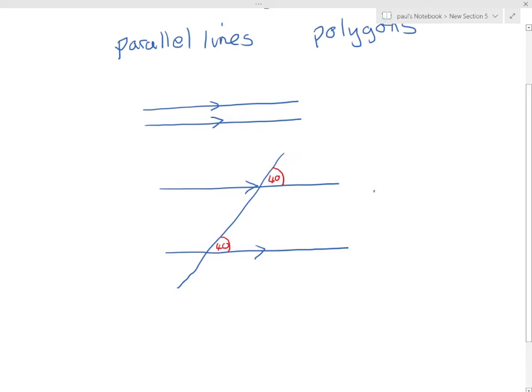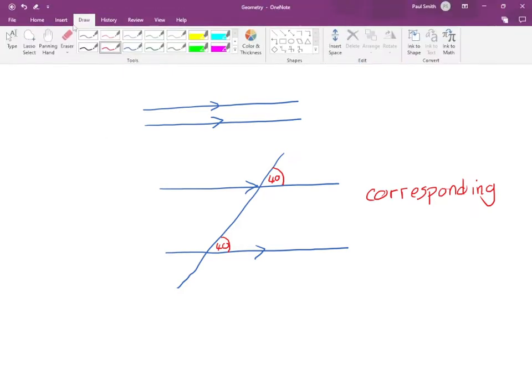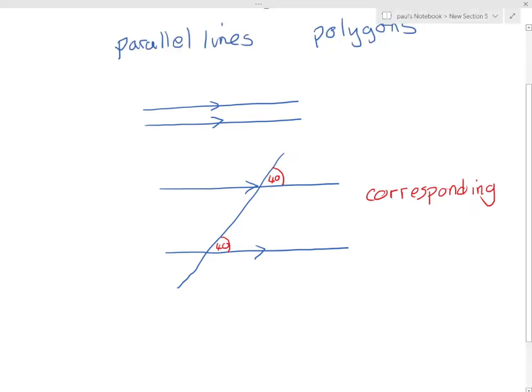And they are called corresponding angles. So you've got corresponding angles, and there are more corresponding angles in here. So let's have a look. This one is corresponding to this one.